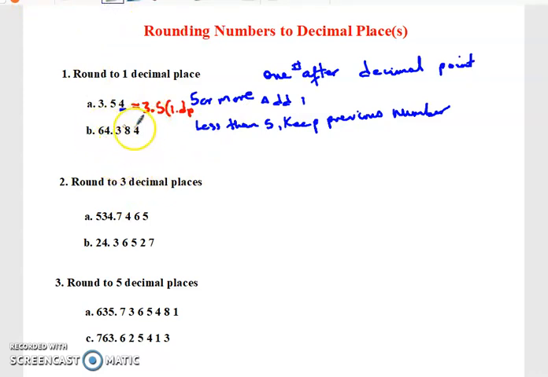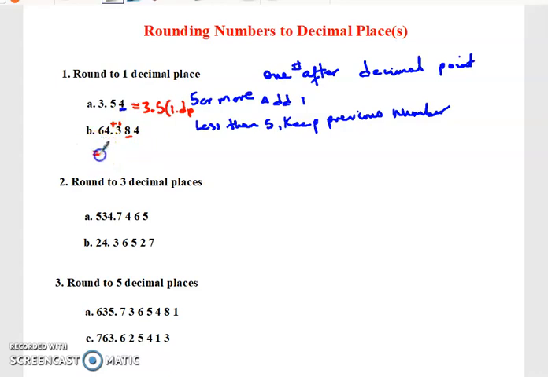So we need to write this number to 1 decimal place. We need just 1 digit after the decimal point, but we have 3 digits. So what you do, you look at the second digit and see if it is less than 5 or it is 5 or more. In this case, we have an 8. So 8 is more than 5, so what you're going to do is add 1 to the 3 and leave out everything else.